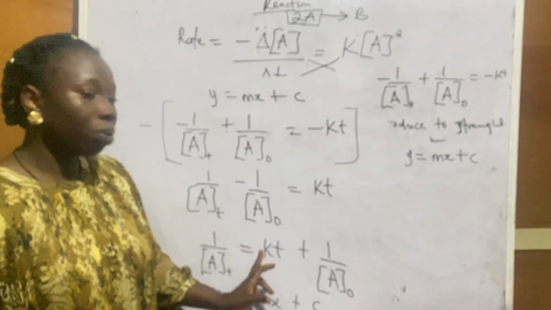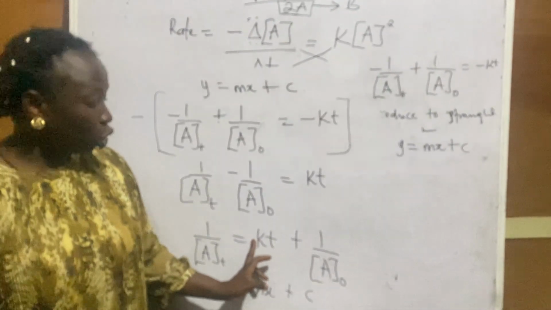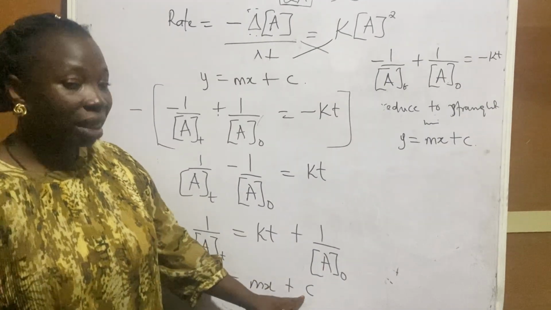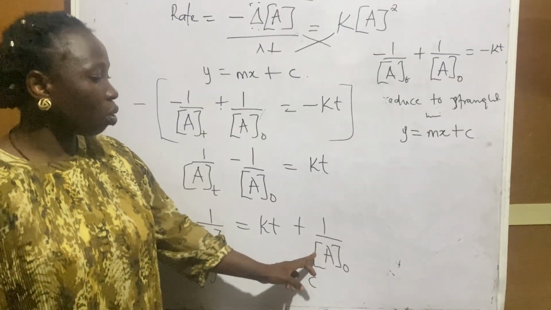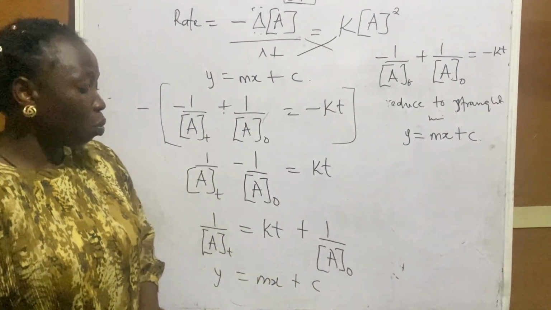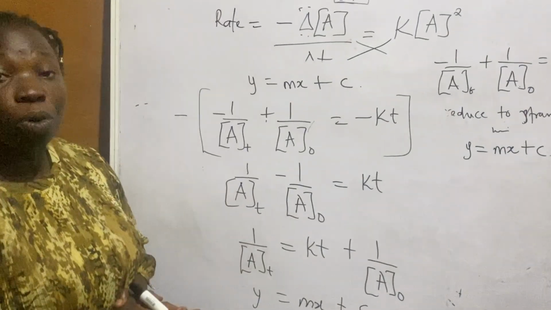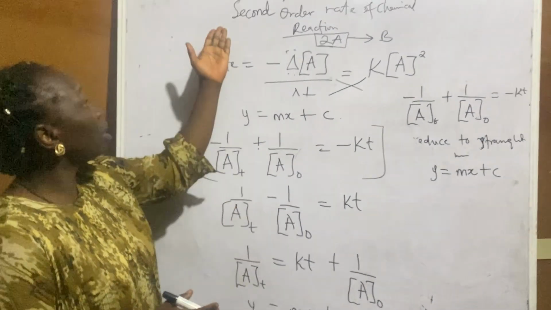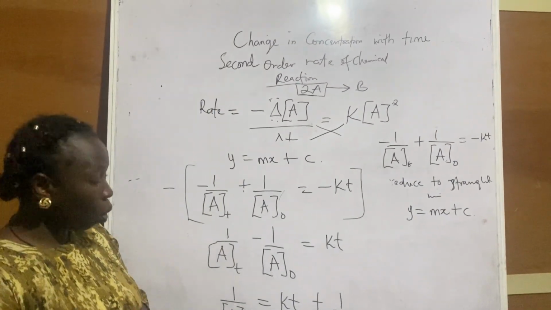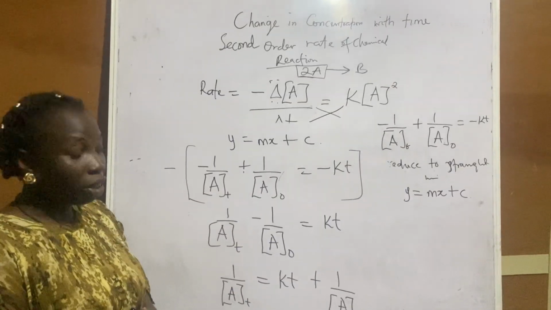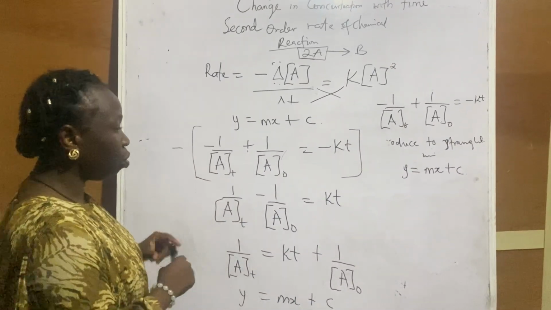Your slope becomes a positive slope, and your intercept becomes 1 over concentration of A at time what? 0. So with this, we can be able to calculate our second order rate of chemical reaction. And how does the graph look like?